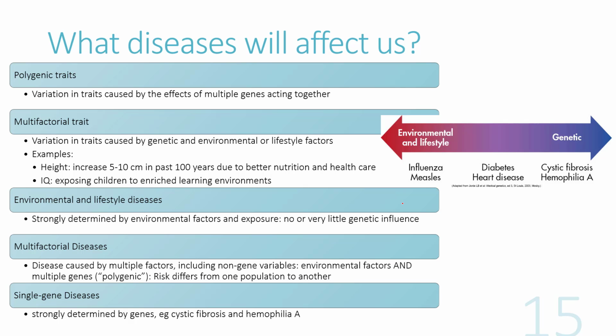The last thing we're going to talk about is multifactorial conditions versus polygenic traits versus conditions that have an environmental and lifestyle component, right? Polygenic traits are traits that arise when you have multiple genes acting together, all right? Multifactorial traits are variations of traits that are caused by genetic and environmental or lifestyle factors. For example, the height of a person can be roughly determined by looking at the height of each of their parents, right?